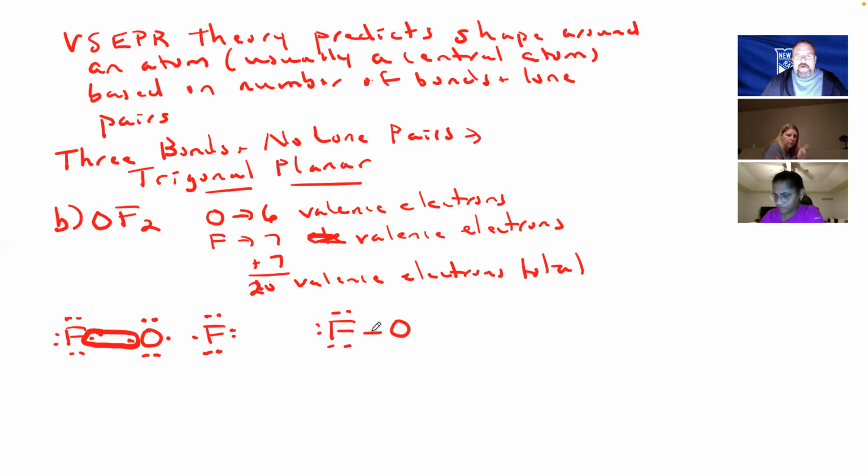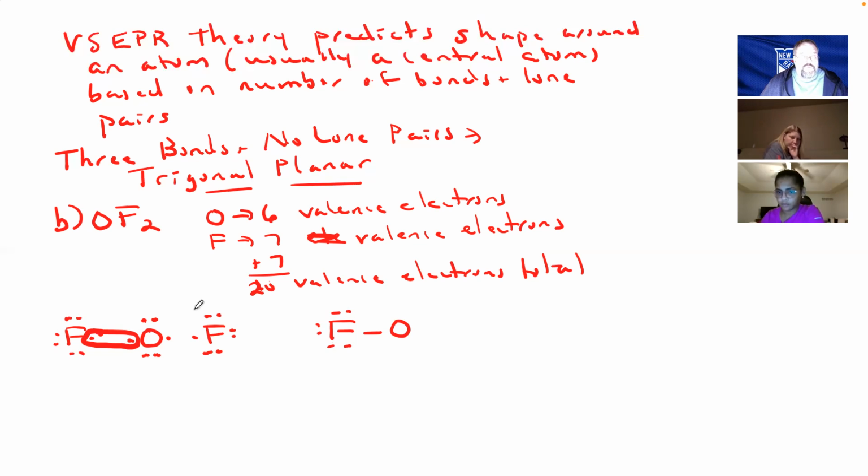The fluorine is now happy because it has 2, 4, 6, 8 valence electrons. And remember, shared electrons count for both atoms sharing them, but lone pairs only count for the atom they're on. So that's 3 lone pairs. Yes, 2, 4, 6, 8, 3 lone pairs.